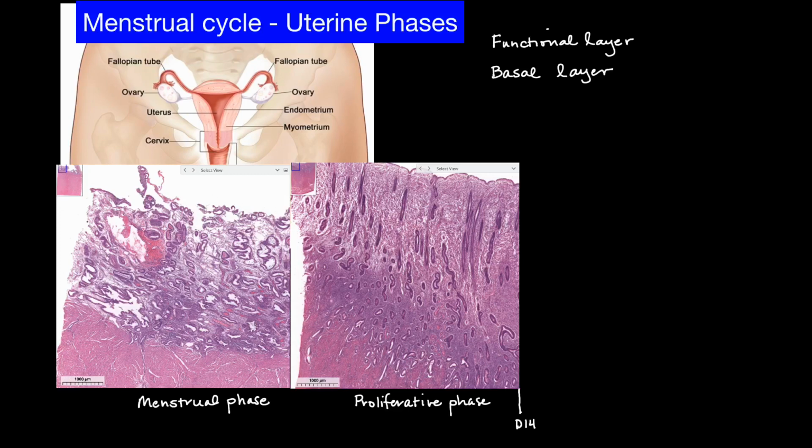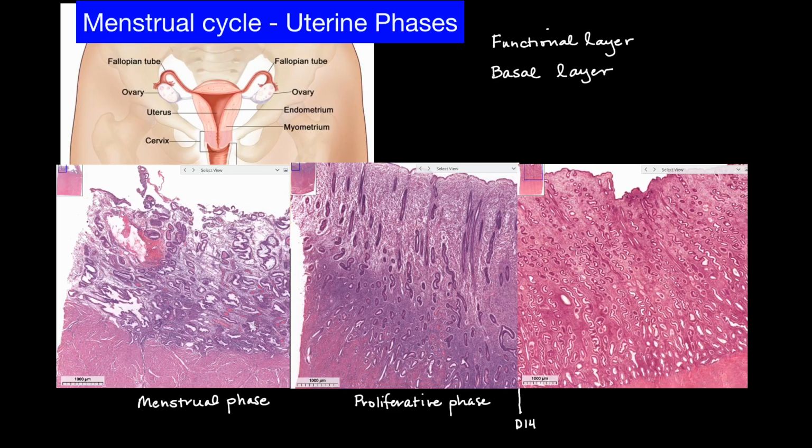When ovulation occurs, we are going to move over into the final phase of the cycle, which is referred to as the secretory phase. And it gets this name because all of these glands that we started to see during the proliferative phase are going to become really well developed. You can see how elaborate they are.